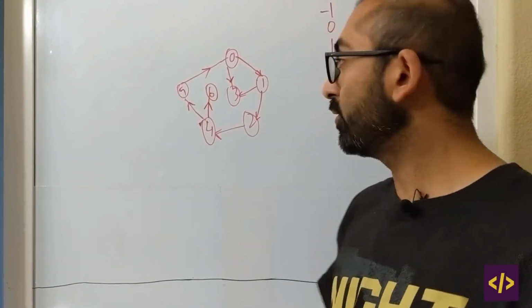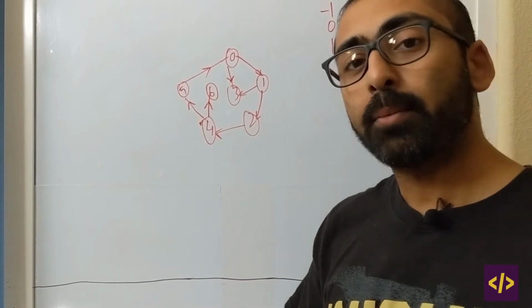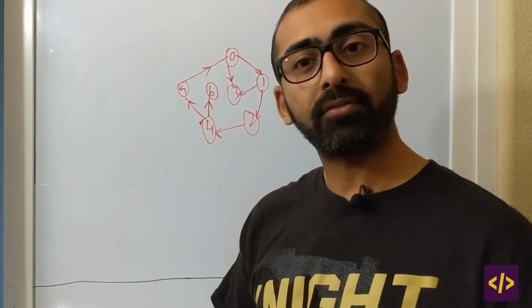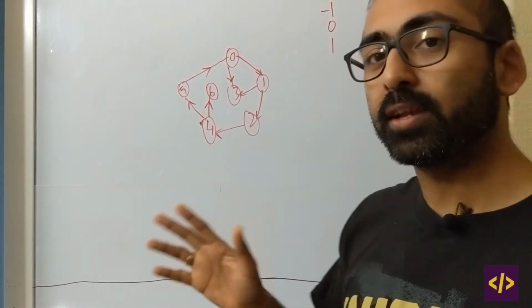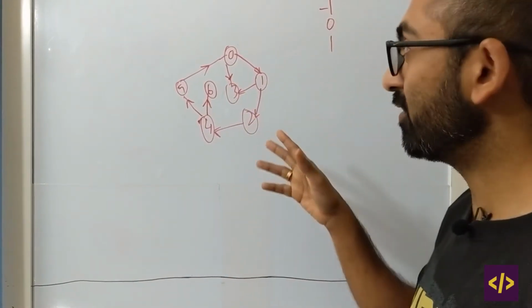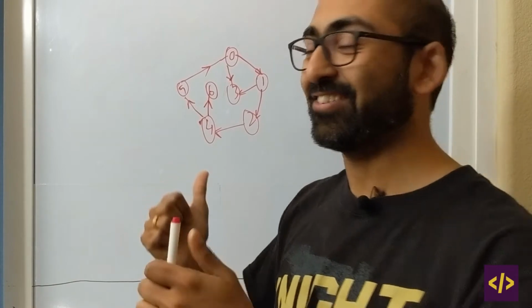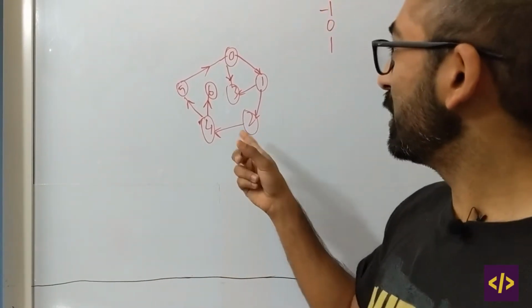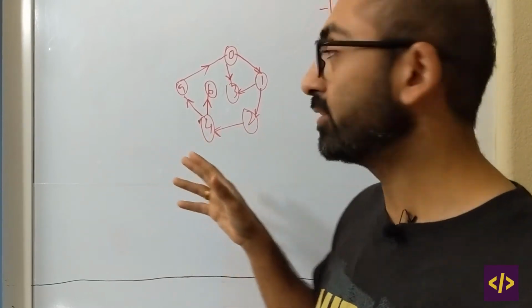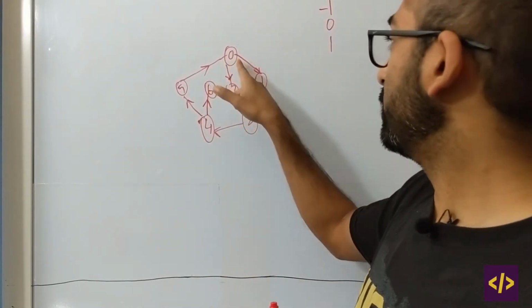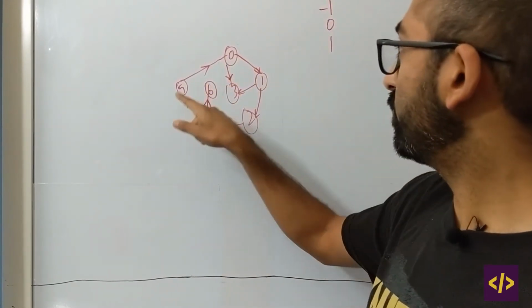Now, I've drawn a small example of a graph here. You can see it's a directed graph. We don't know whether there's a cycle or not in there yet. And we can see that there's a cycle in this scenario, going from 0 to 1 to 2 to 4 to 5 to 0.